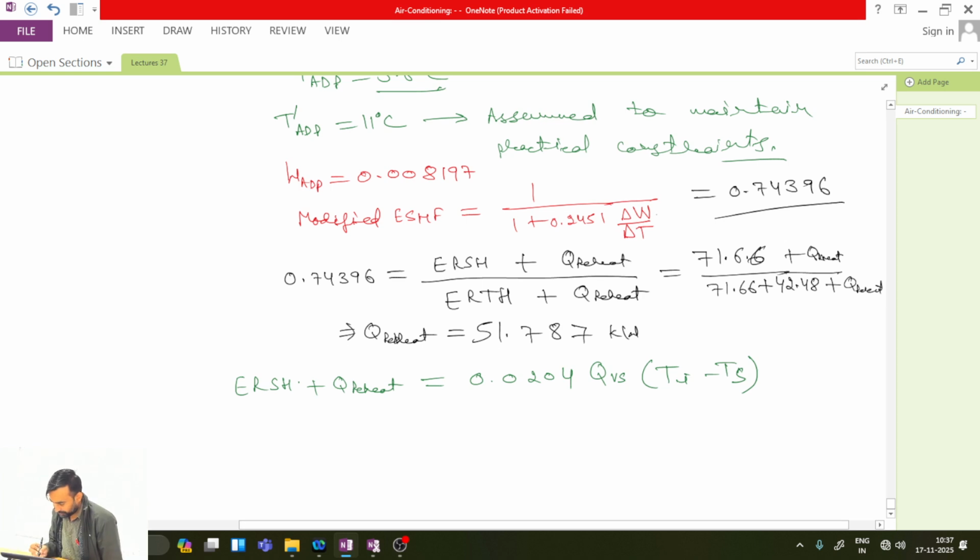What will be the slope? It is kg water divided by degree Celsius.